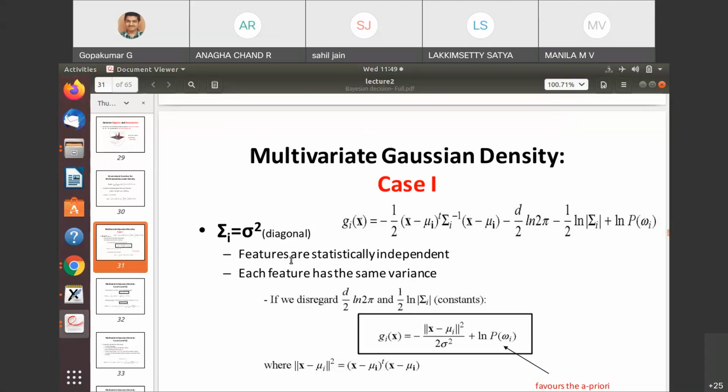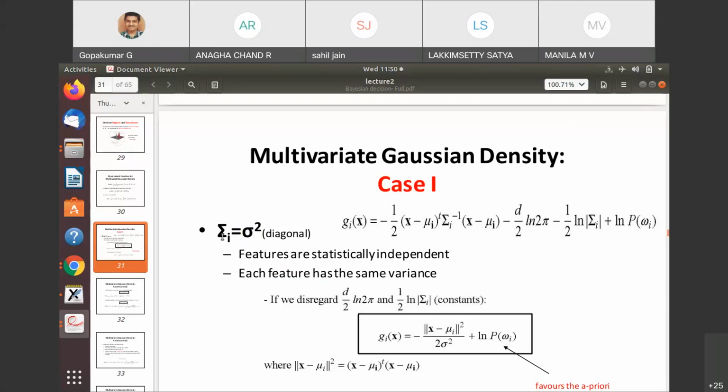So the covariance of x1 with x2, x3, etc. is zero, because in case one the features are statistically independent. And one more assumption we make is that each feature has the same variance, that variance being sigma square.